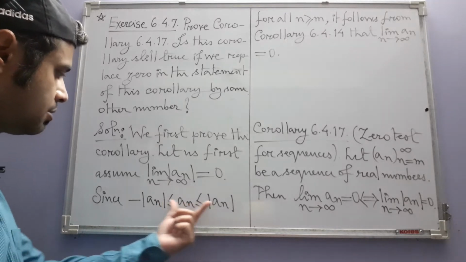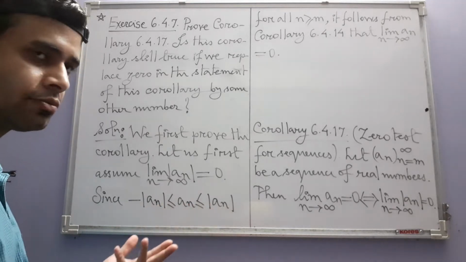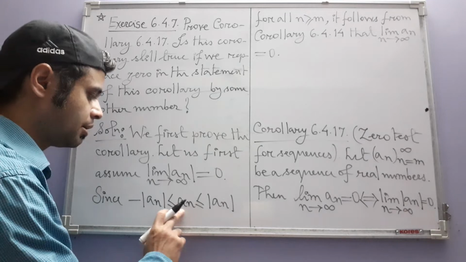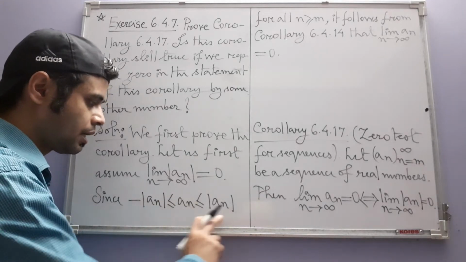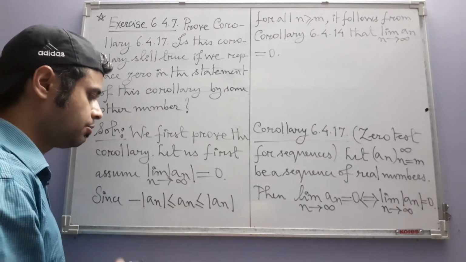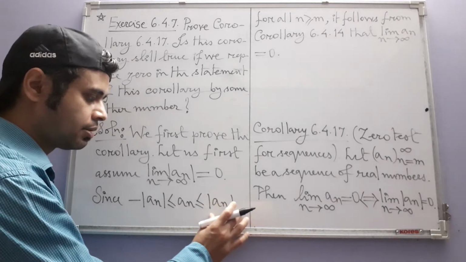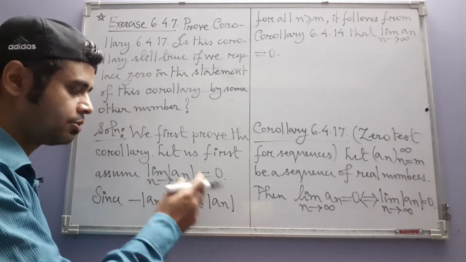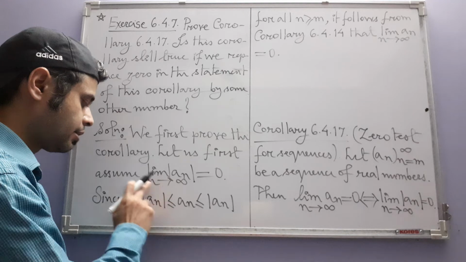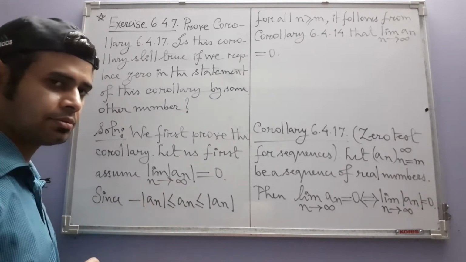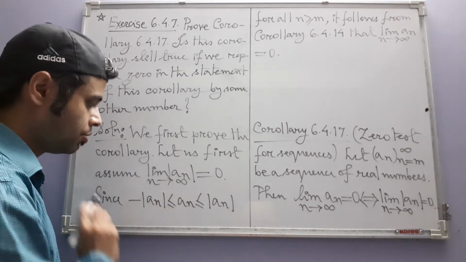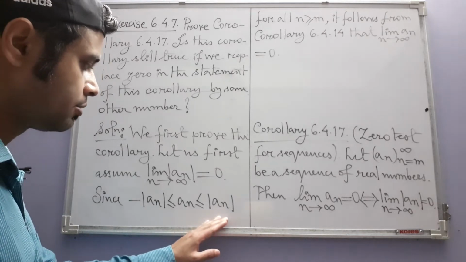So we have two sequences, actually 3, but the outermost sequences are two. One of them has its terms absolute value of a_n, and the other one is the negative of the absolute value of a_n. Both of these sequences converge to 0.